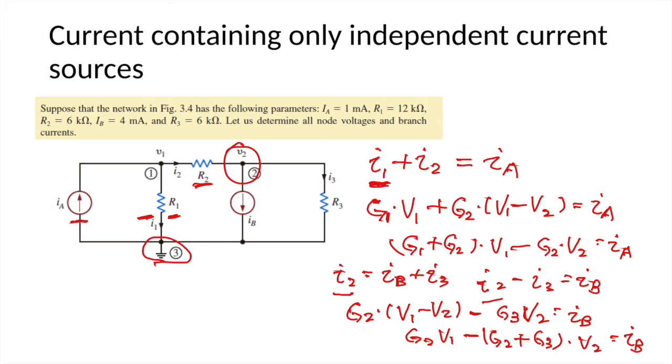So we obtain these two equations. In these two equations, we have two unknowns, V1 and V2. Two unknowns, two equations. We can solve for the values of V1 and V2.